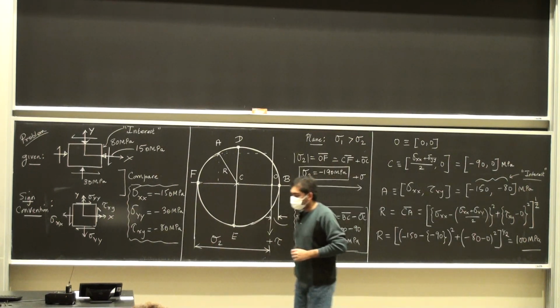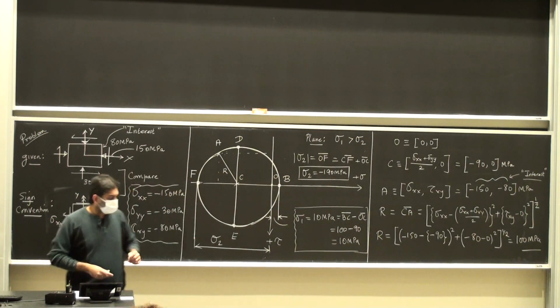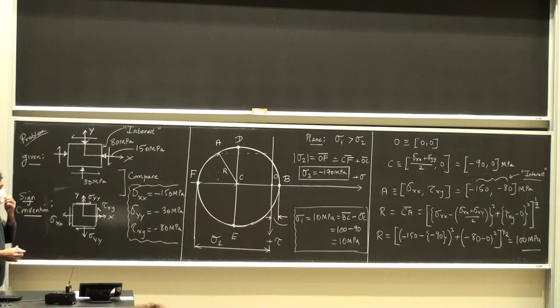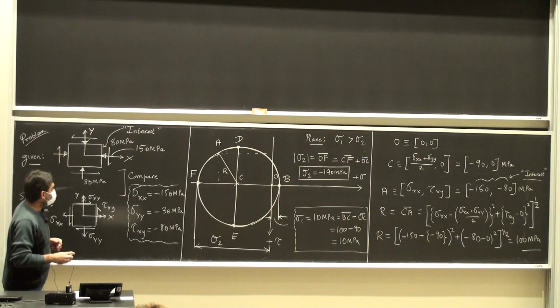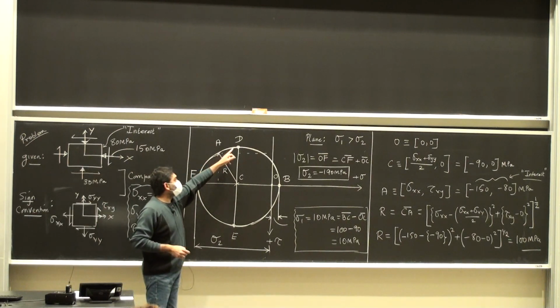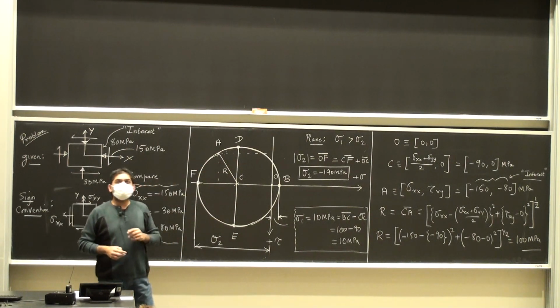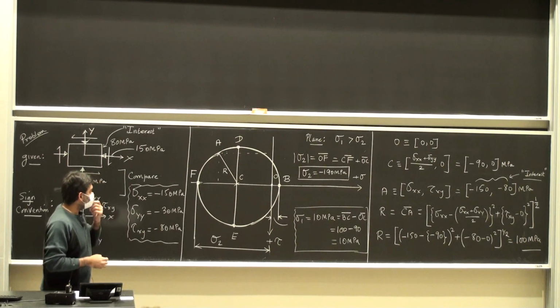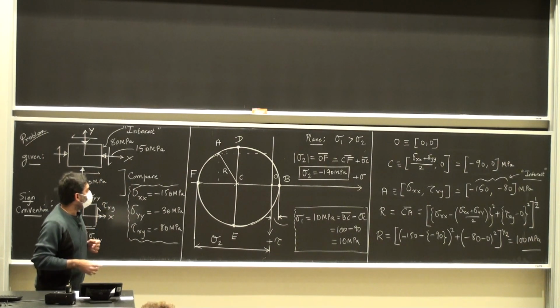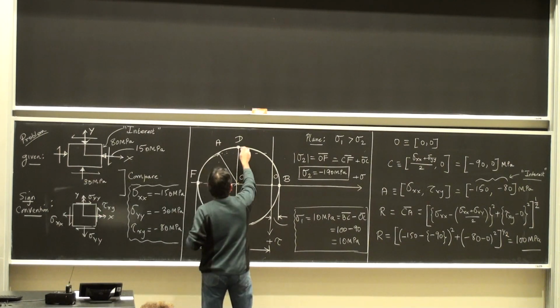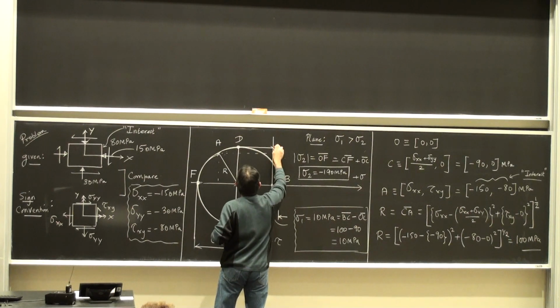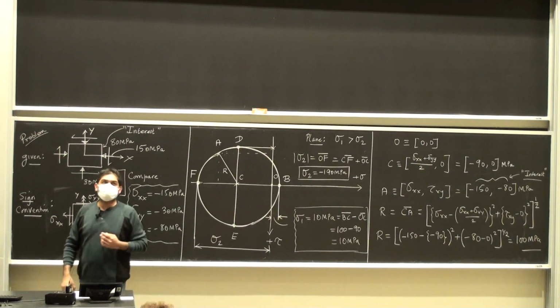Okay. So once we are done with this, we can calculate your tau max in plane values. Those are going to be your points of intersection with the top portion or the bottom portion of this Mohr circle. So that's tau max. Okay, so that's the tau max value.